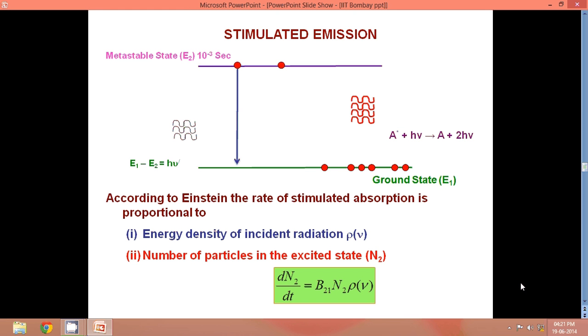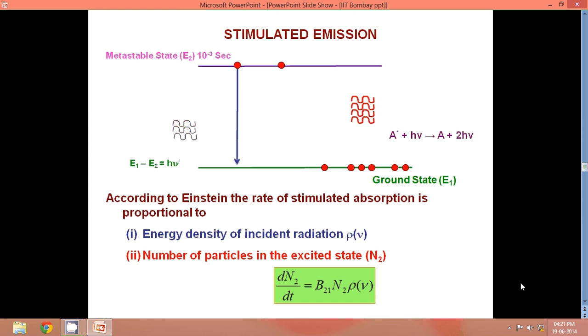Here the excited state has a longer lifetime, typically 10 to the power minus 3 seconds. This energy state which has a longer lifetime, or long-lived state, is called a metastable state. So metastable states have longer lifetimes.